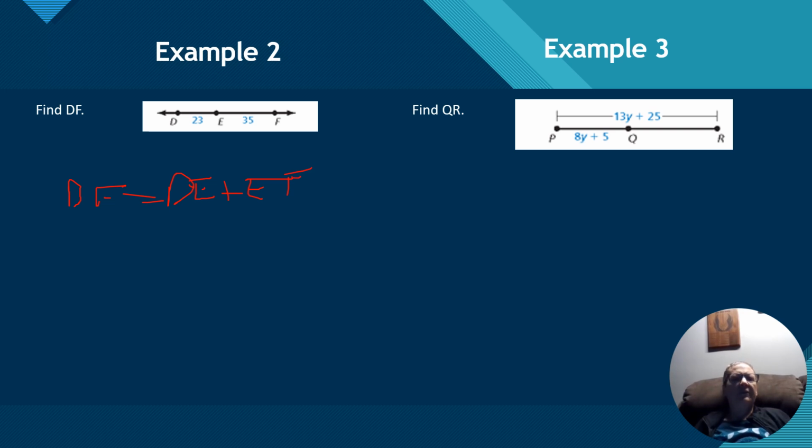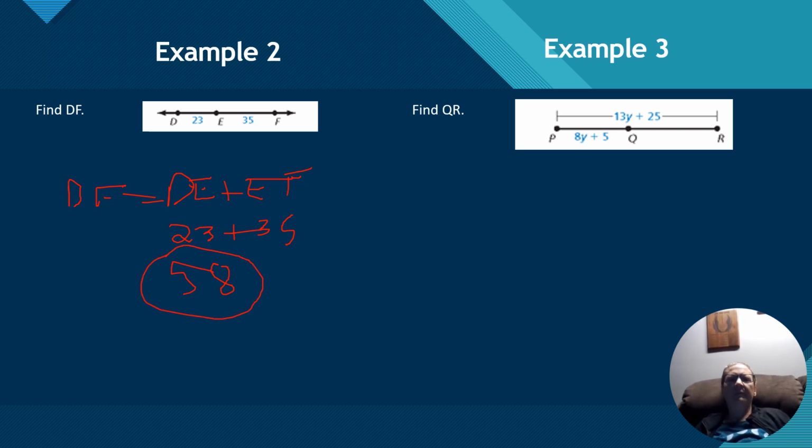So I would just add the 2 parts, which is 23 and 35. So very, very simple. Just do that math real quick. 23, 35, add together 58. And there we go.